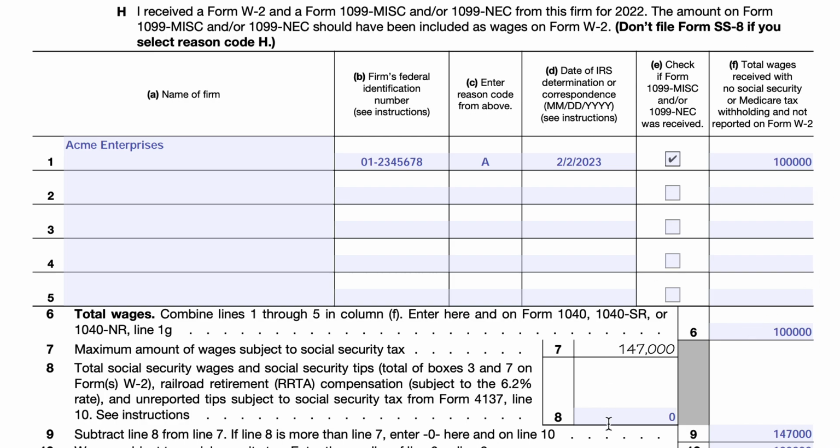But if you did have W-2 reported income, or RRTA for Railroad Retirement System employees, they're very similar systems, but they're completely separate systems. They're both subject to a 6.2% withholding rate. In this case, we did not have any income that was reported on a Form W-2. If we had, we would put that in here just to make sure that we're accounting for it when we do our Social Security tax calculation.